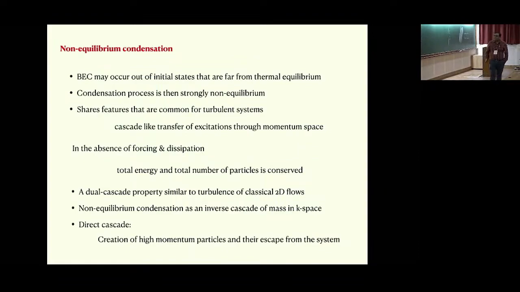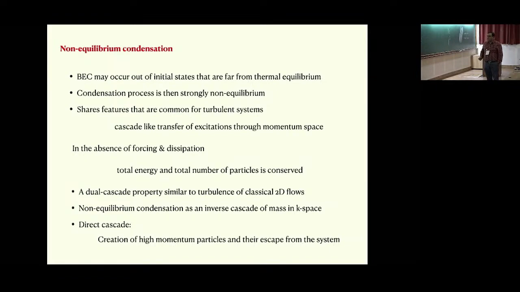What I want to essentially convey here, and it's kind of well known, is that BEC may occur out of initial states that are far from equilibrium, and this condensation process is strongly non-equilibrium. Moreover, this shares features that are typical of turbulent systems, like cascade-like transfer of excitations through momentum space. In the absence of forcing and dissipation, you will have two conserved quantities, the total energy and the total number of particles, and the situation becomes quite analogous to 2D turbulence, which Guido was talking about.